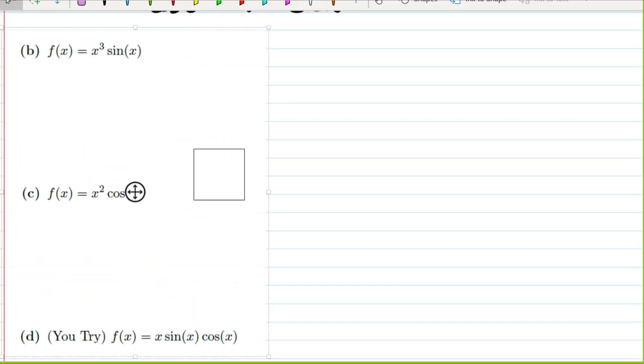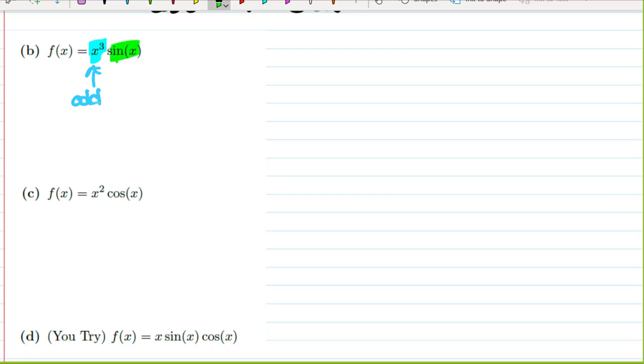So if we analyze each of these, if we take a look at x cubed, is x cubed going to be even or odd? Well, that's odd. And then we have sine x, which we just found out was also odd. So an odd times an odd is going to give us even.